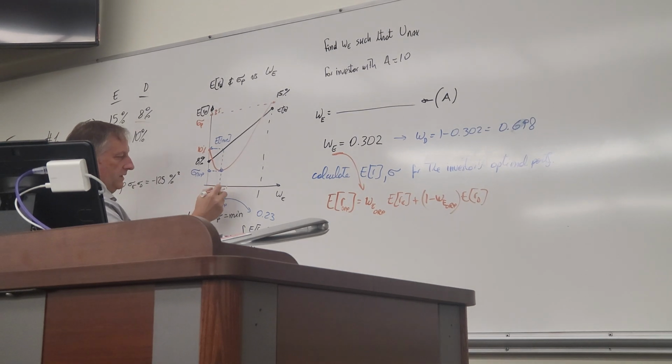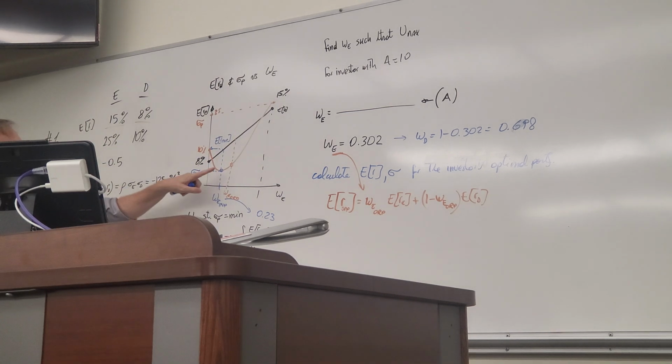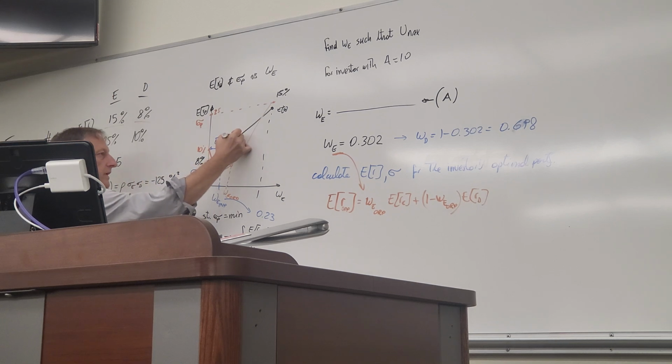So the ideal portfolio for this guy has a weight of 0.3, the weight of equity that generates the ORP. So it will have this much risk and this much return. With these, we're calculating this value right here.